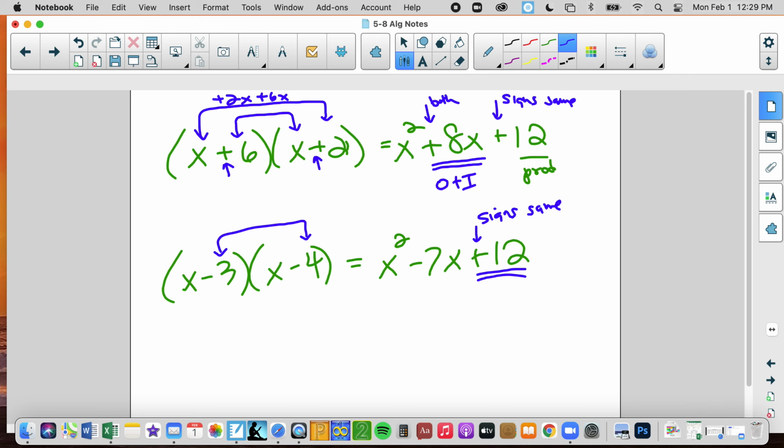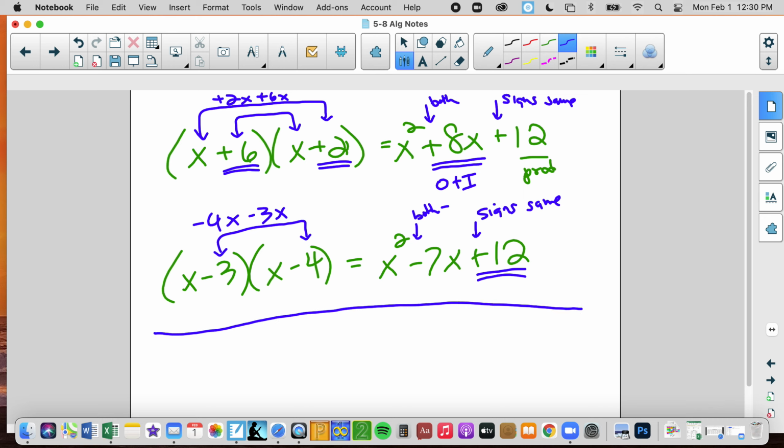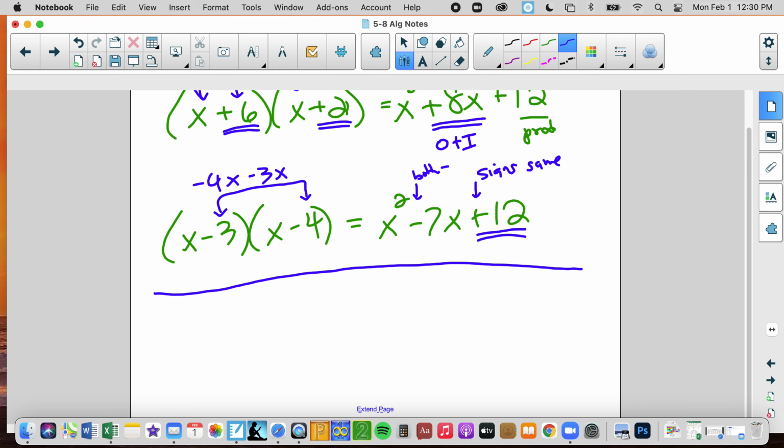When we had this one, positive 6 times positive 2 gave me positive 12. So when this sign is positive, the signs have to be the same. And here they're both negative because we have negative 4x and negative 3x.